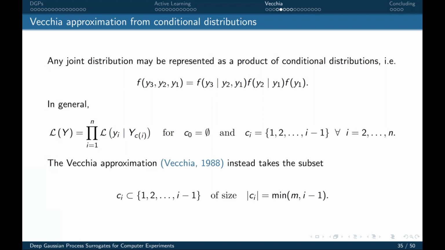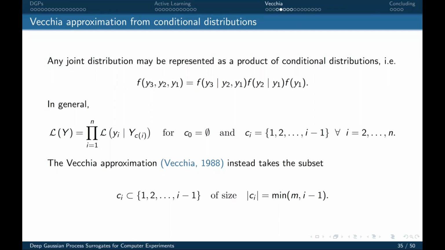Again, this is an identity. It works for any ordering of the data. It's an equal sign. Here I've introduced some notation for the indices of that conditioning set, where the ith conditioning set has all the indexes less than i. That's not the Vecchia approximation. That's just 2 facts about joint probability.